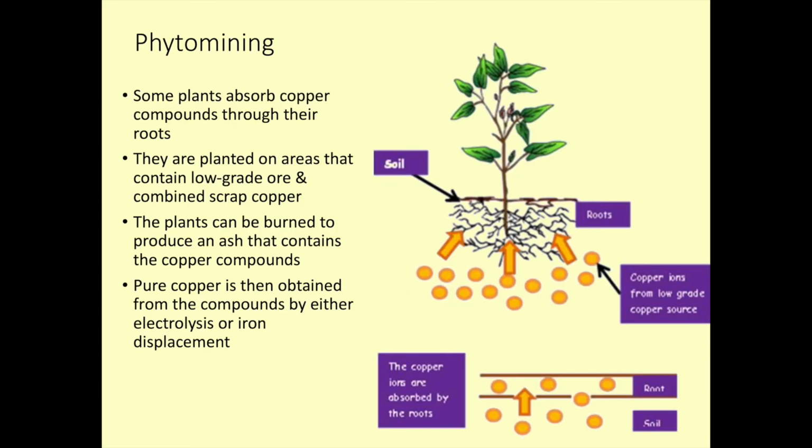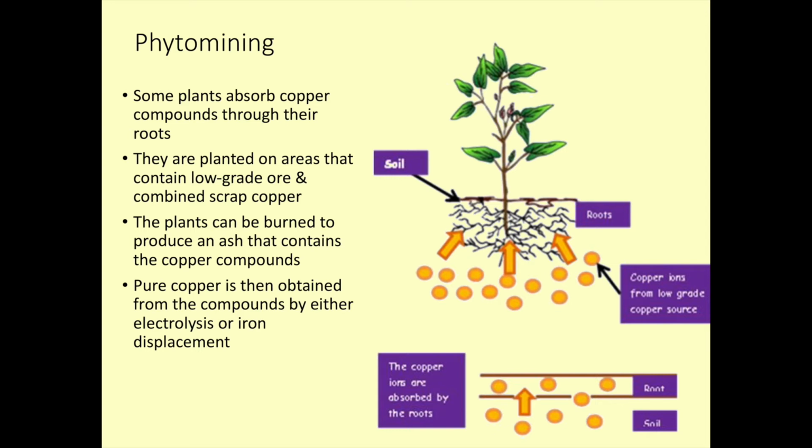So phytomining, as you can see, we've got a picture of a plant and its roots and the soil on the right hand side. So those orange blobs are copper ions, which are in our soil, and these can be taken in by the roots, so they're absorbed by the roots as the roots take in water and minerals.